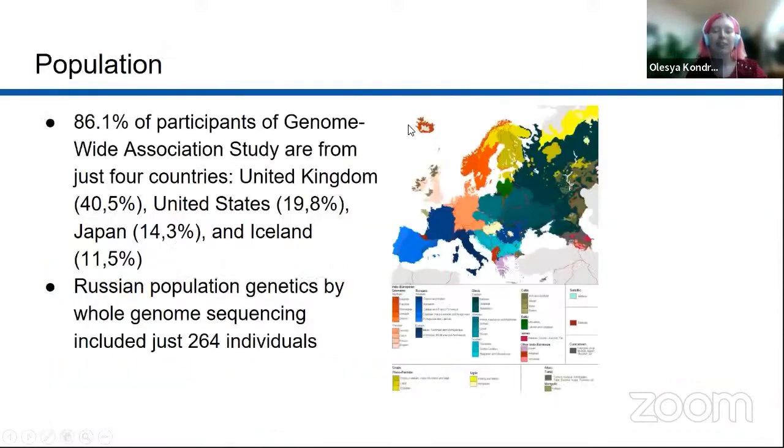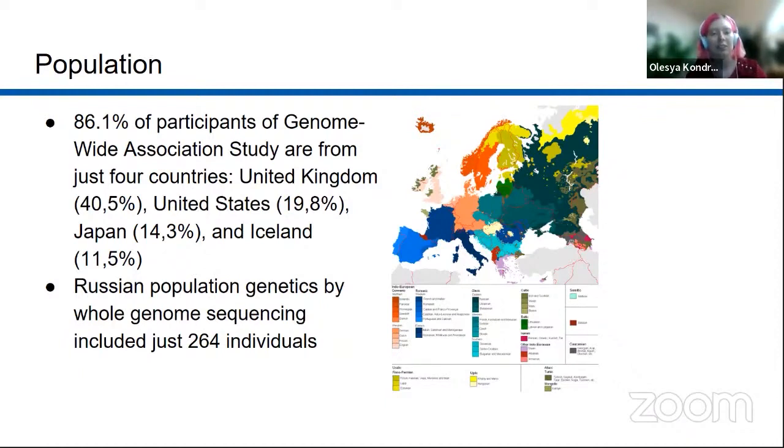So when it comes to human genetics, ethnicity plays an important role because each ethnic group based on genome may have different predisposition for certain traits. There are many large-scale studies of human diseases, but for most of them, around 86% of participants originated from just 4 countries.